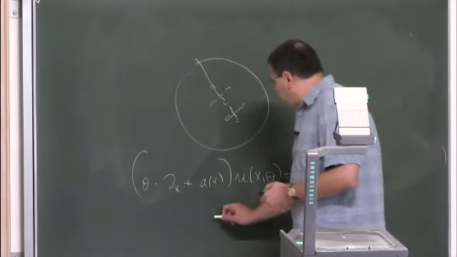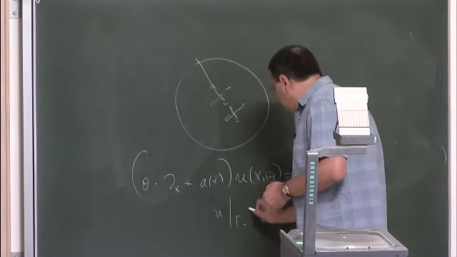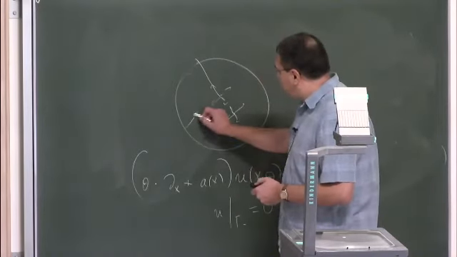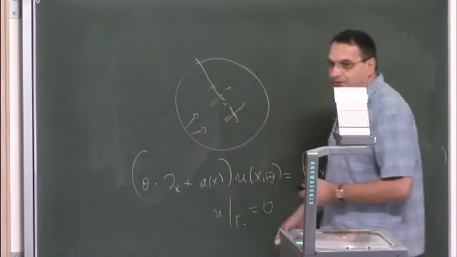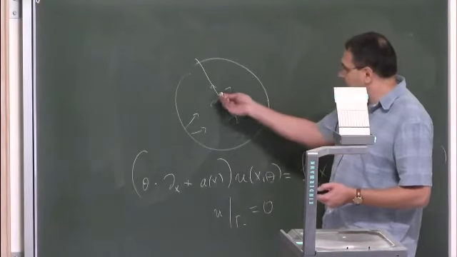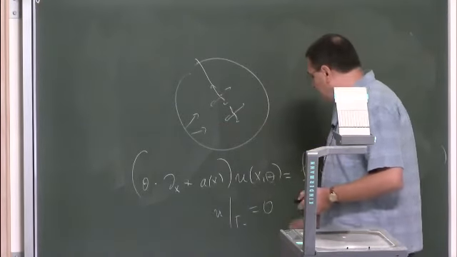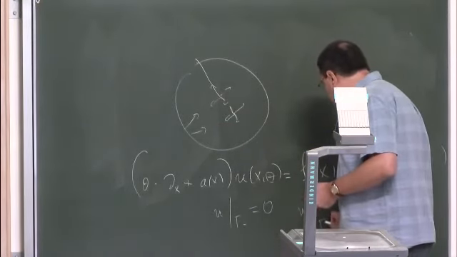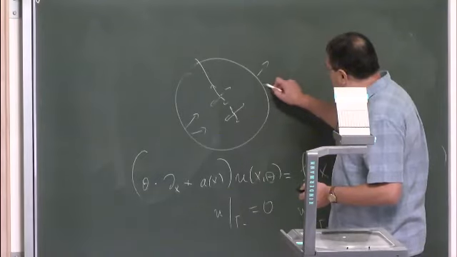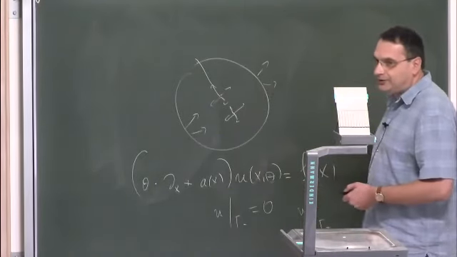And then you have a condition that says that there's 0 incoming flux. In other words, the only thing that you measure is due to the source. There's nothing that is going into the domain. And what we measure is u, for points in directions that point outside.